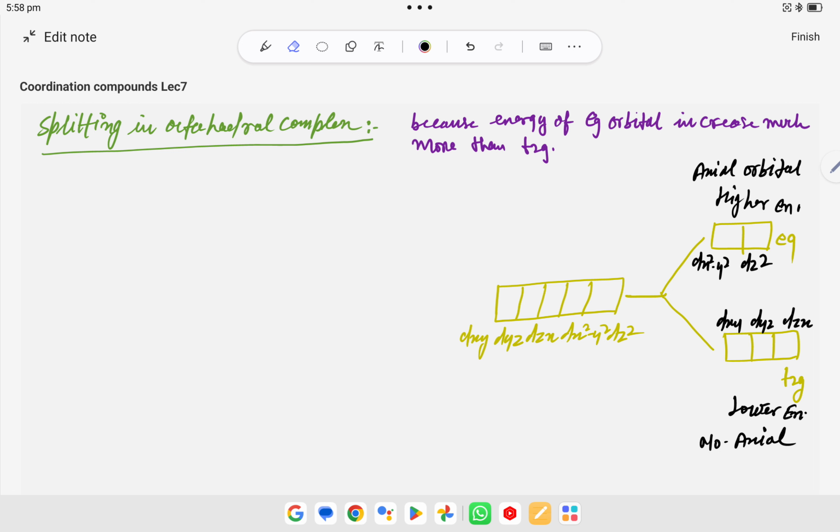So what happened here? Once again, check it. Here is the d orbital, 1, 2, 3, 4, 5, state 1, and 5d orbital when no ligand.